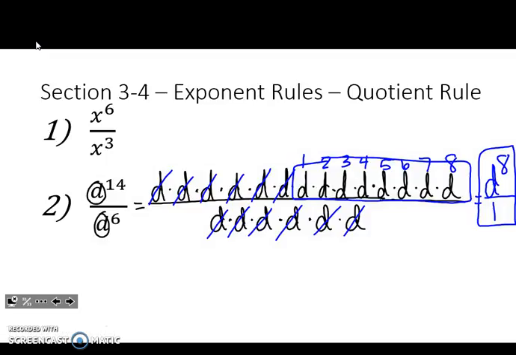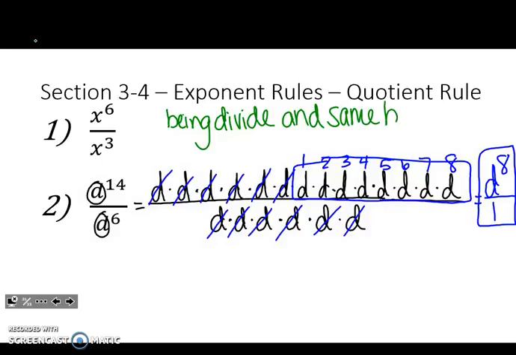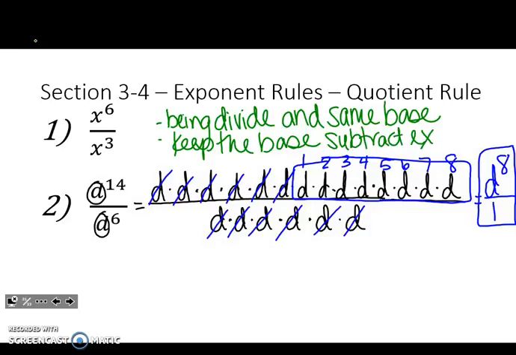So since this could be a really long process, writing out all of those bases just so that we can cross cancel, there's obviously a shorter way of doing that. Okay, so the rule for quotient rule is if they are being divided and they have the same base, we're going to keep the base the same, and this time we're going to subtract the exponents.